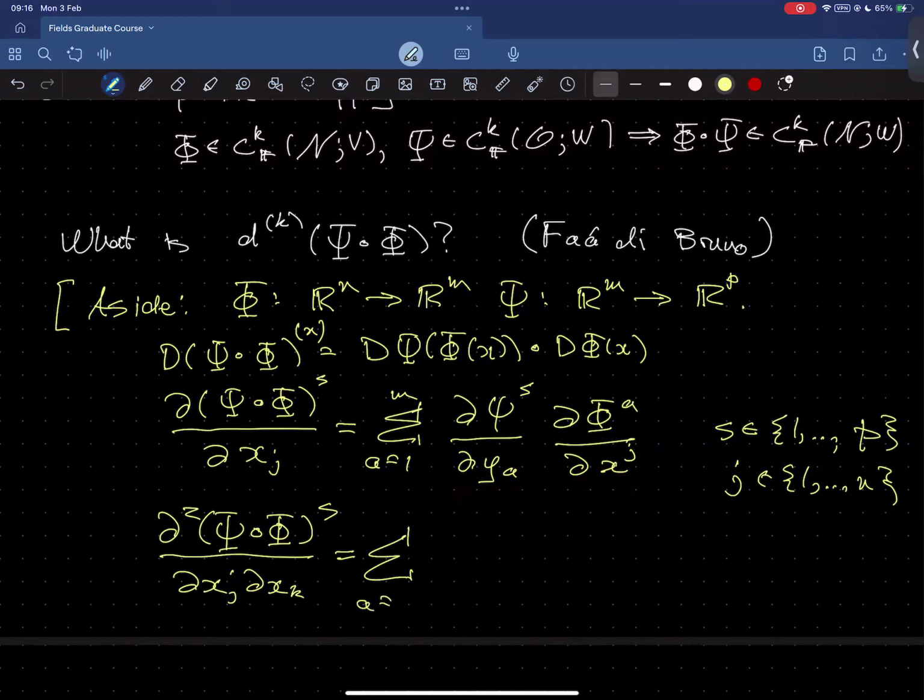Sum a equals 1 to m. Now I need to differentiate this. But remember what this really stands for: this evaluated at phi of x. So when I differentiate this, I'm going to use the chain rule.